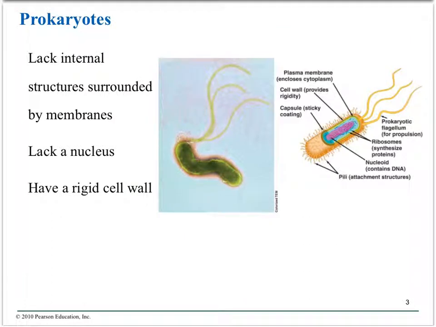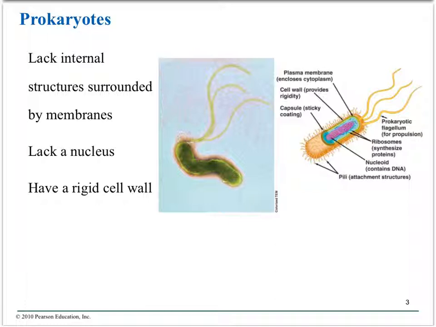Now, this shows a picture of a generic bacteria. Bacteria are very small, very difficult to find underneath the microscope. There's good bacteria and there's bad bacteria, but for the most part, they don't have a lot of internal structures.